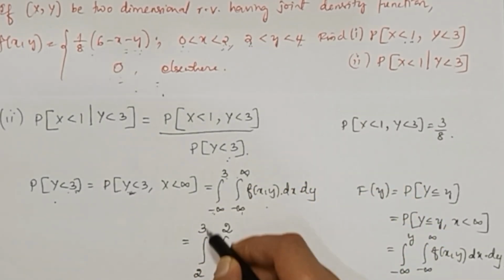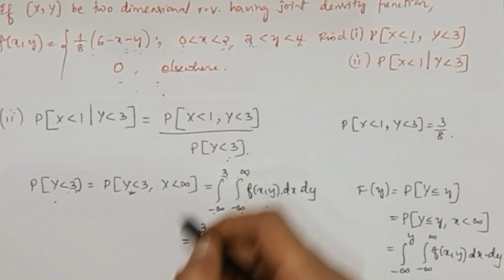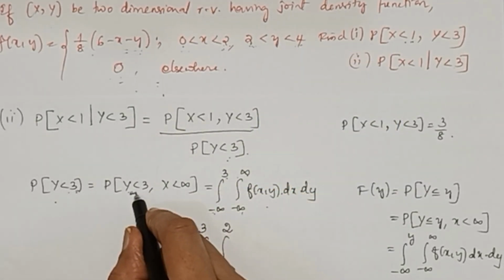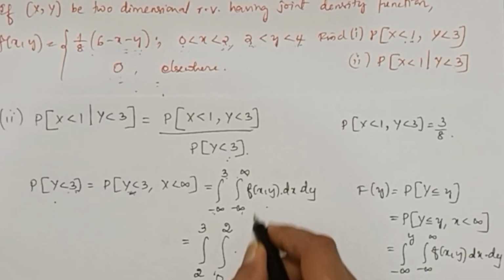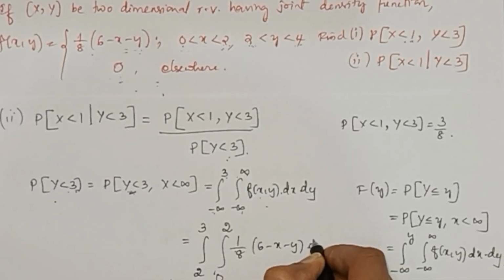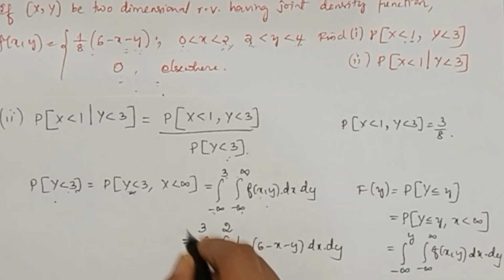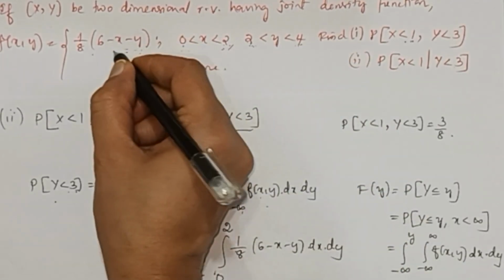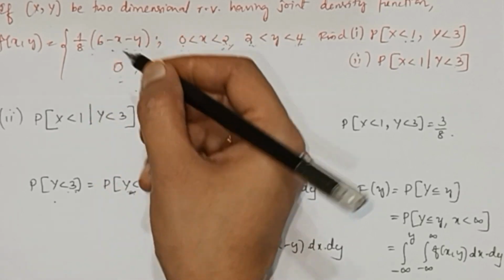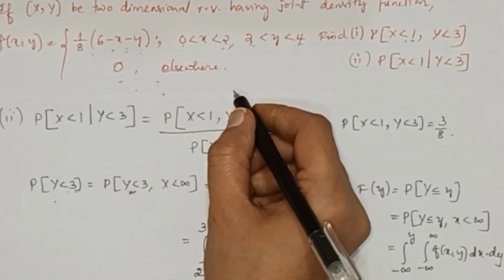Therefore, I have taken 2 to 3. You can't take 2 to 4 as limits for y. You have to see what is asked in the question. So therefore, here the function is 1 by 8 into (6 minus x minus y) dx dy. Only for values within this range, the function is this. In all other cases, the function is 0. Whenever the function is 0, you need not calculate anything for those values.